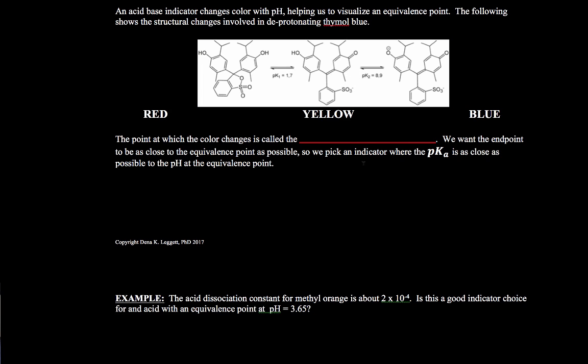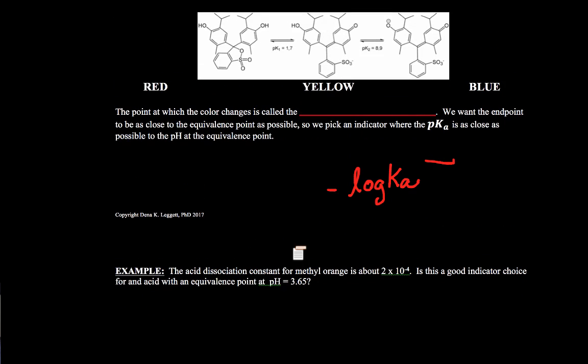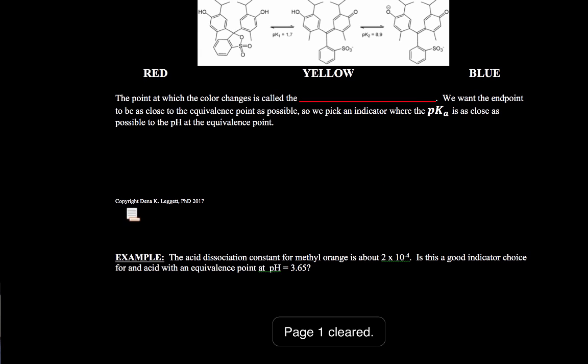What we're going to be looking at is an indicator whose pKa, so that's minus the log of the equilibrium constant, is as close as possible to the pH of the equivalence point. Now, we can look at that in a little bit more detail, but I want to simplify things a bit.